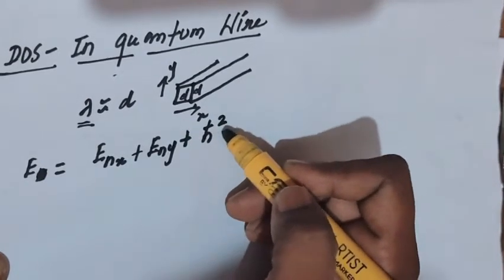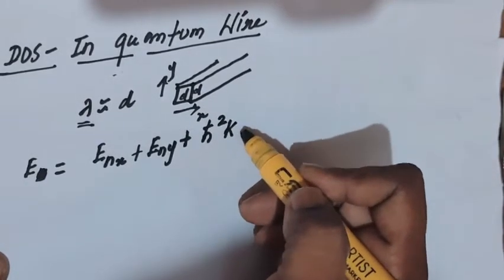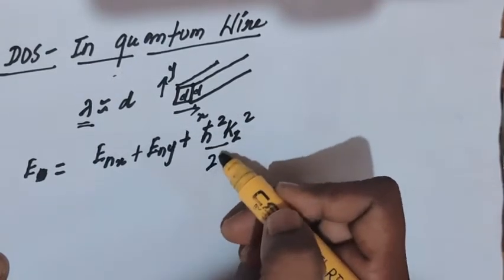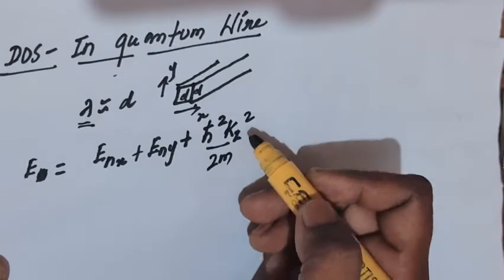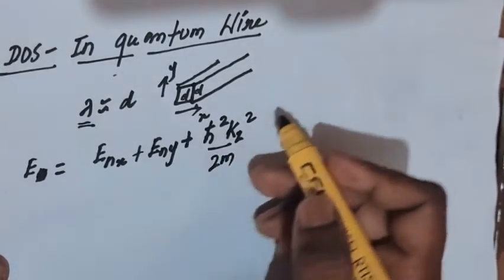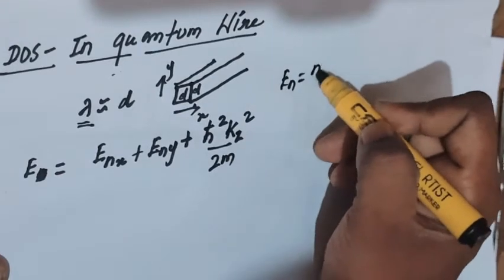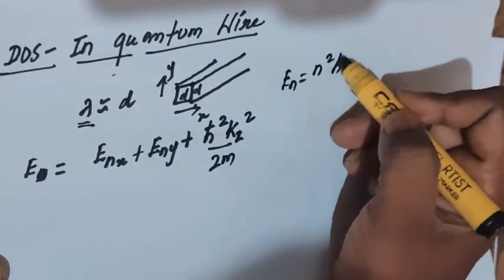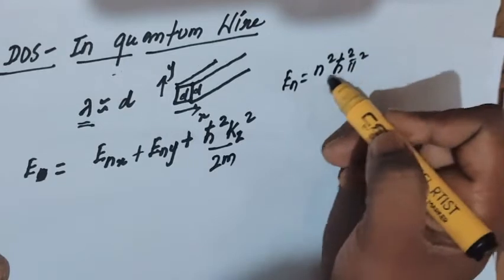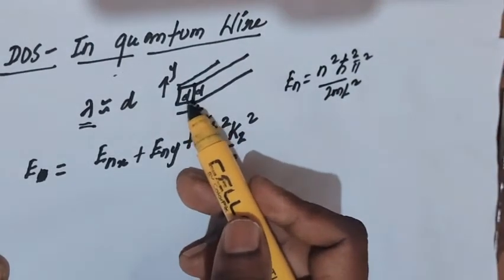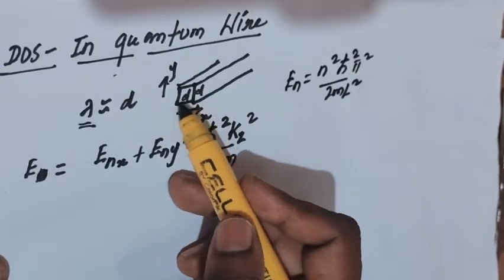The energy of the electron in the z direction is equal to h bar square kz square divided by 2m, where m is the mass of the electron. We already have the expression for the one-dimensional potential. In general, En, the energy of the electron for the one-dimensional potential, is n square h square pi square divided by 2m L square. Here we need to solve the two-dimensional potential, the x as well as the y direction.